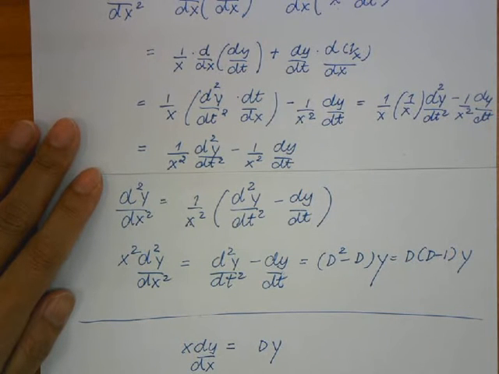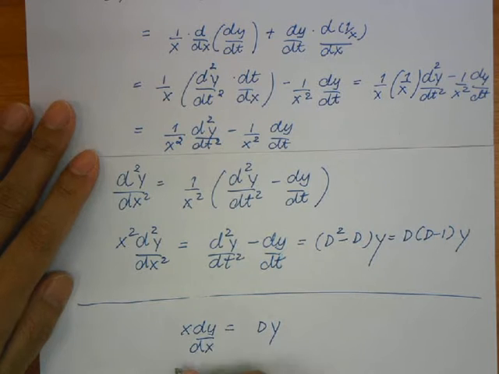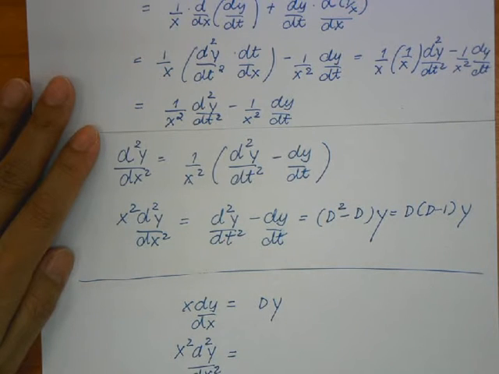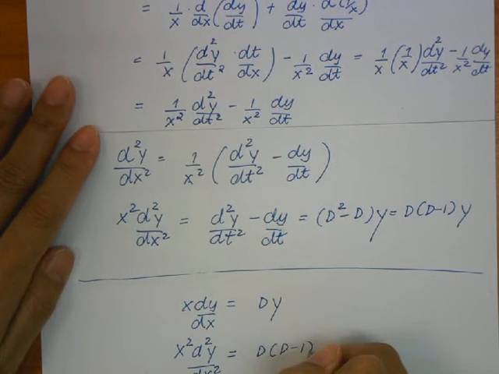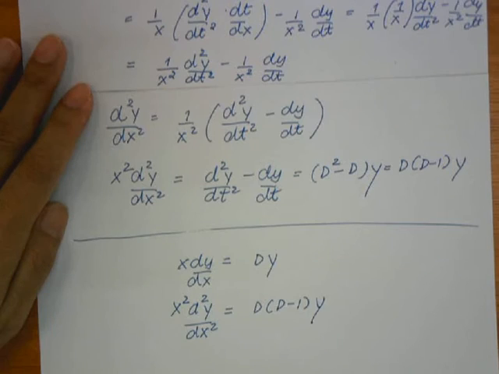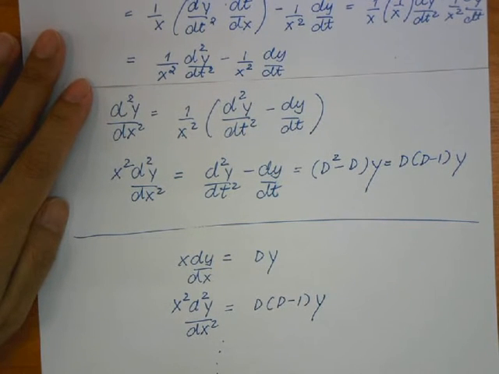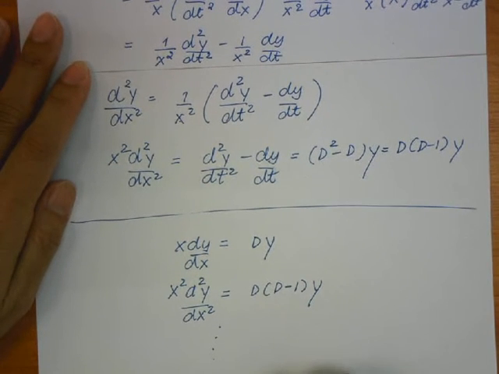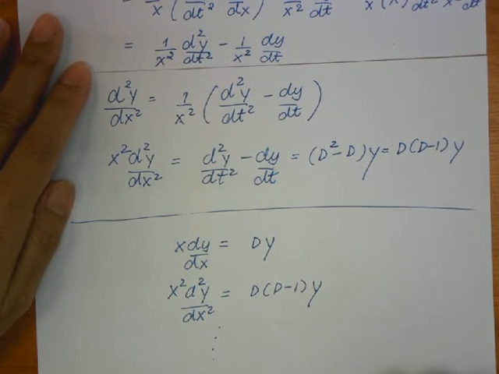Now you have x squared d squared y by dx squared equal to D times D minus 1 y. So if you have x to the power n times the nth order derivative of y by x, it would be equal to D times D minus 1 times D minus 2 times, until D minus n plus 1.